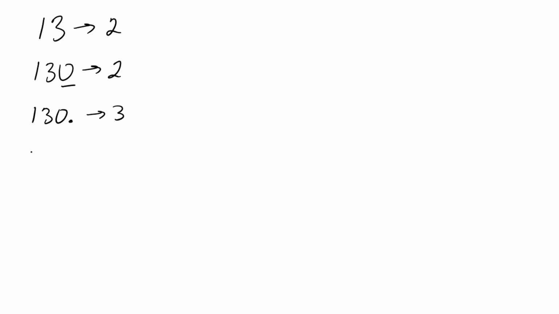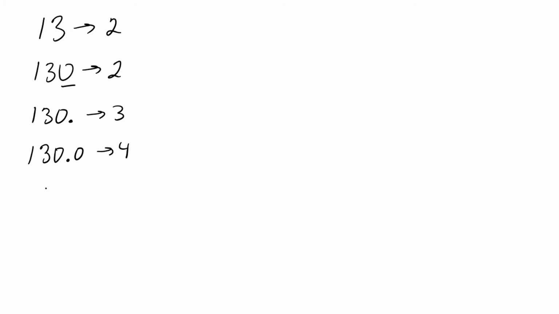So let's practice. 13 has two significant figures. 130 has two significant figures because this is a trailing zero without a decimal, so it's 2. But if I were to add a decimal behind here, now I have three significant figures. 130.0, that is a trailing zero behind a decimal, making it four significant figures.